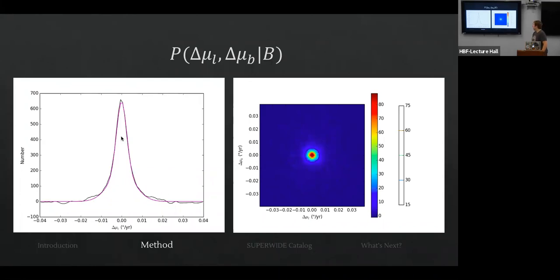So you didn't really find anything beyond 4 milliarcseconds based on this plot? Yes, based on this plot, yes. I mean, there are variations as you go out. Oh, sorry, this plot is 40 versus 40, 40 milliarcseconds per year.